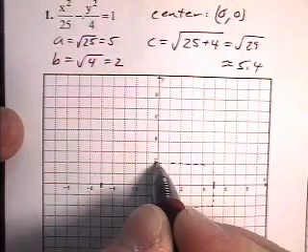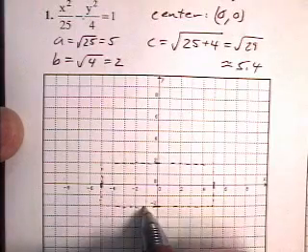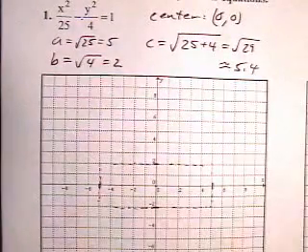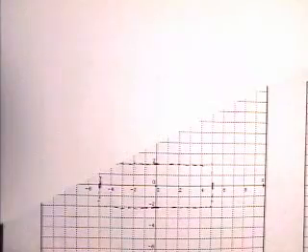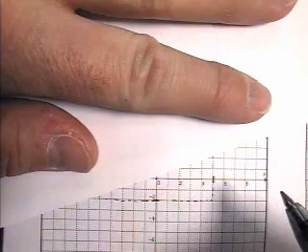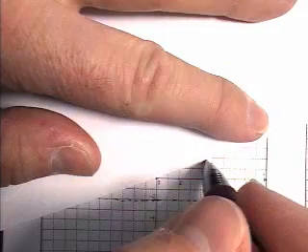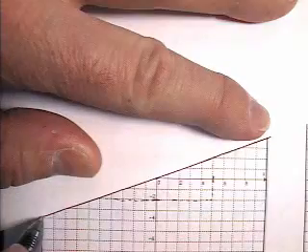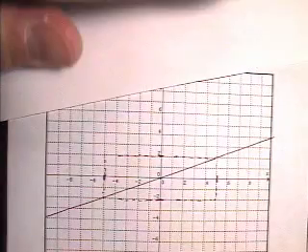Now, if this were an ellipse, we would draw the ellipse inside the box. But it's not an ellipse, and it would be really helpful if I had a ruler. But I don't have a ruler, so I'm going to improvise. The corners of the box represent the asymptotes.